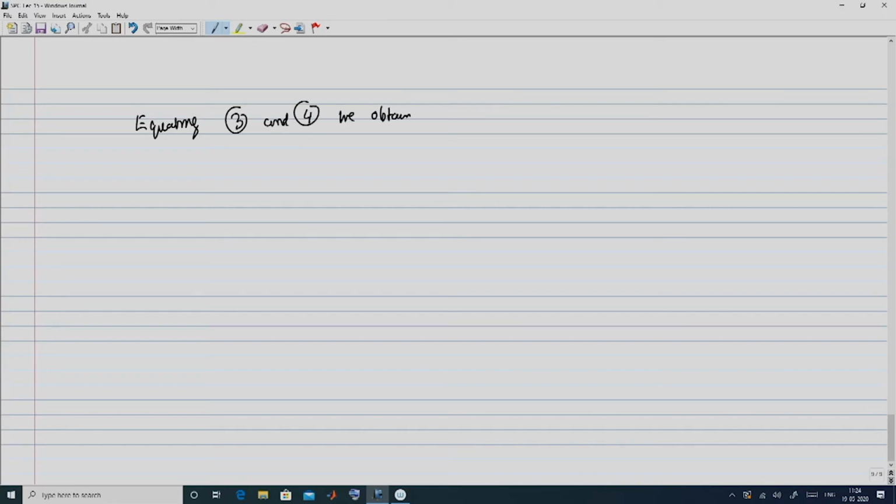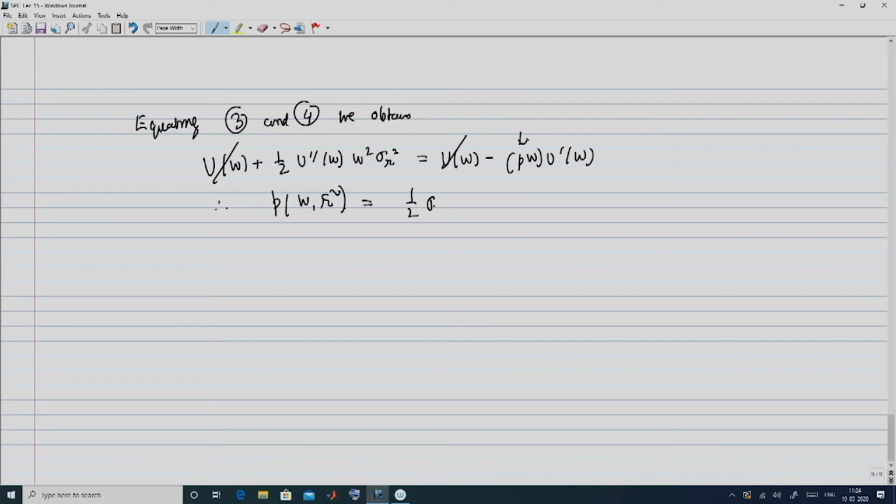We obtain u of W plus half u double prime of W, W square sigma r square, equal to u of W minus P of W into u prime of W. Therefore, P, which is a function of W and r tilde, is equal to, since these two terms cancel out, half sigma r square, then u double prime of W by u prime of W, and a W term here, and then minus of this.